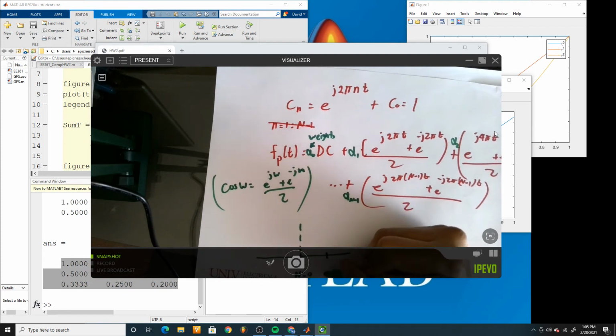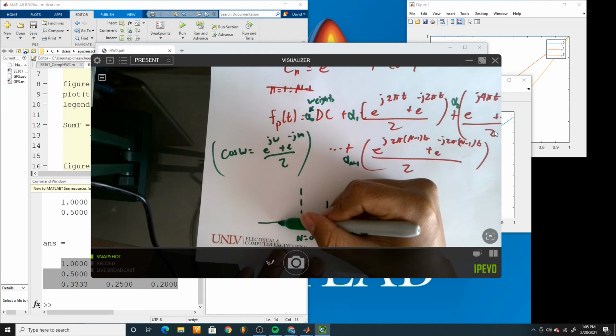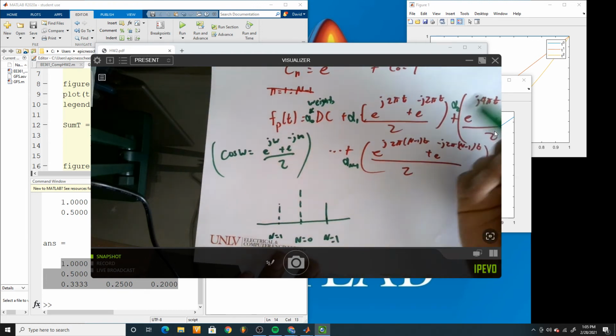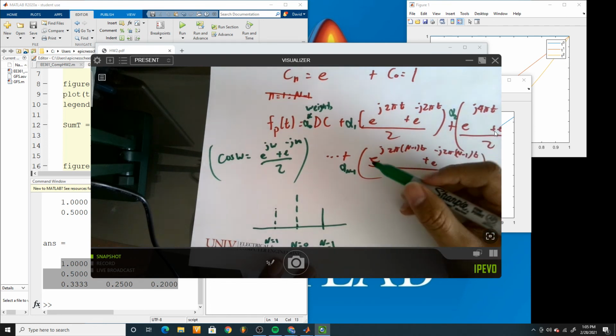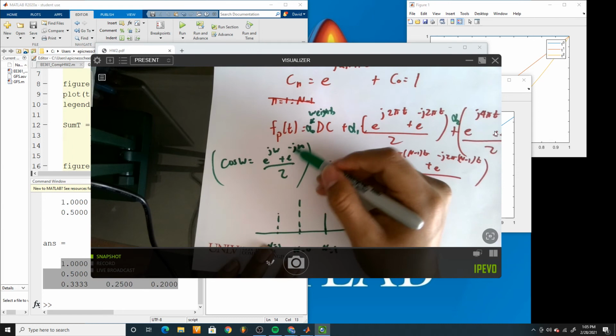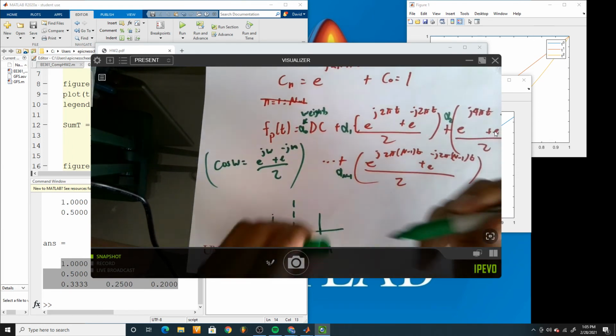If n is equal to 1, you're going to have a signal here, but you also need another signal here. That's because when you have Euler equations like this, you need the conjugate pair in order for this to be real in the time domain.